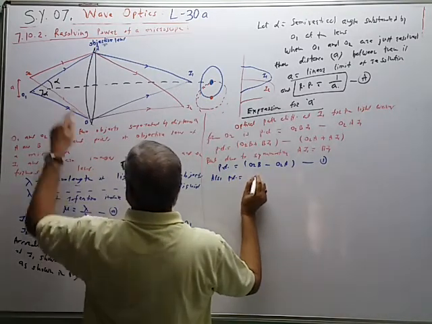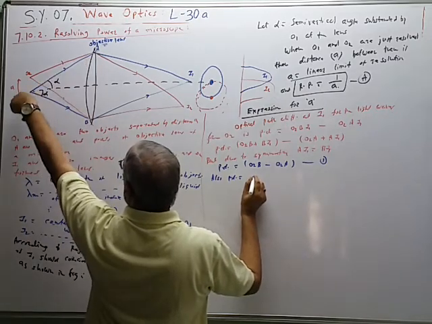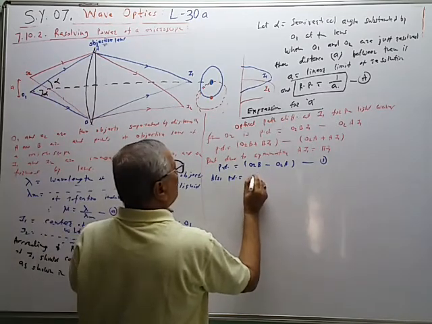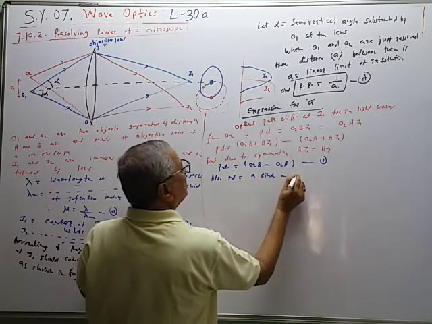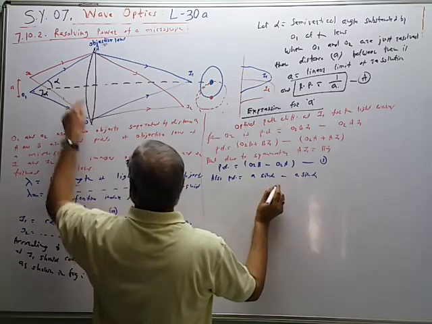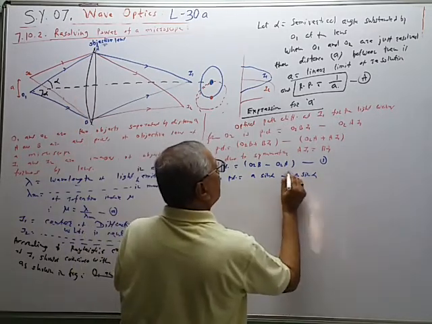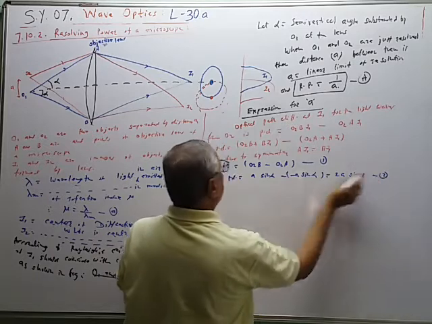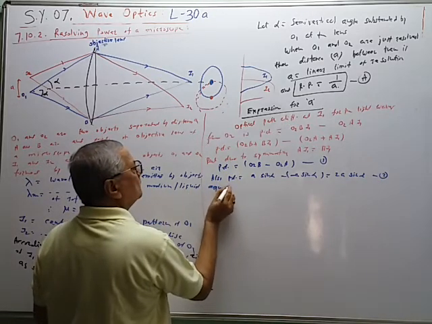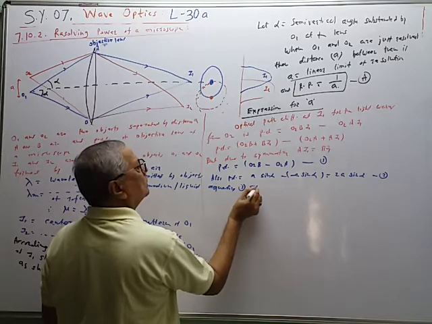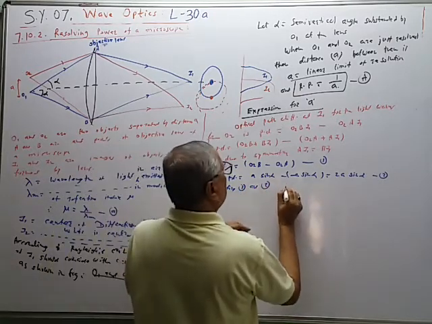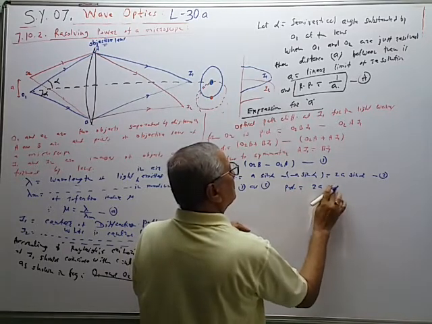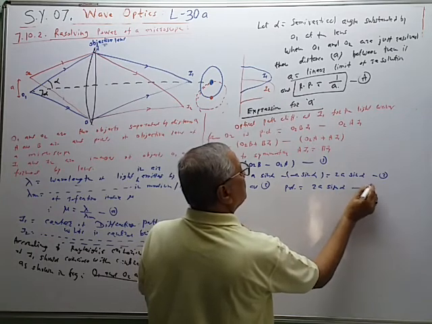Also, if we find the path difference between both, it is O2 B minus O1 A, so that is equal to: O2 B is equal to e sin alpha, and this is minus e sin alpha because it is in the fourth quadrant. So this is equal to 2 times e sin alpha. This is equation 2. So equating 1 and 2, path difference is equal to 2 times e sin alpha. This is equation 3.